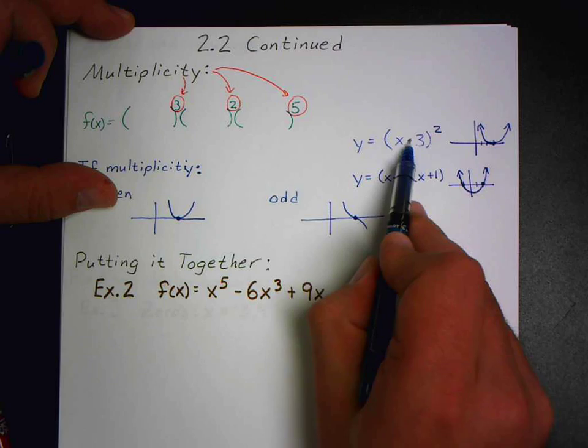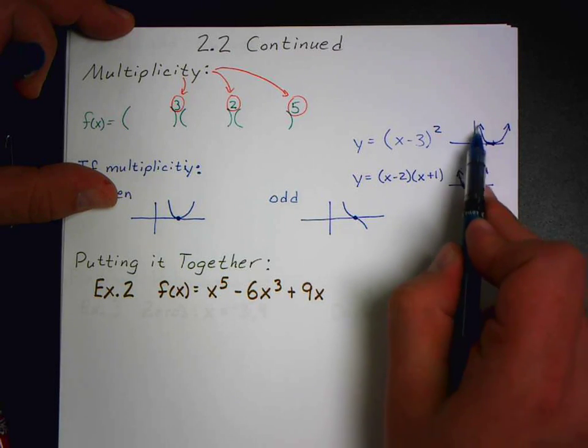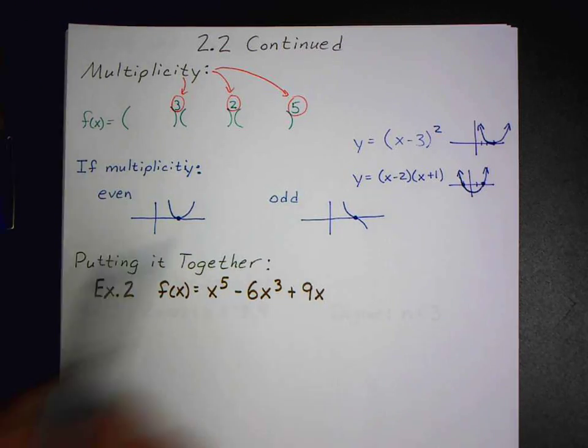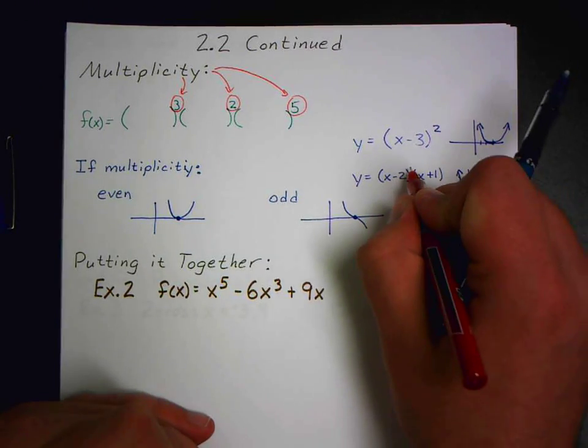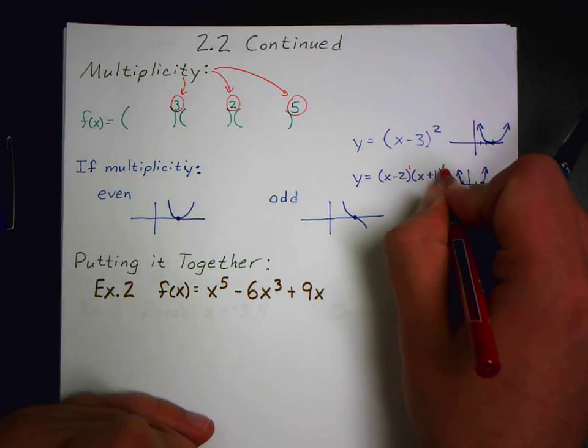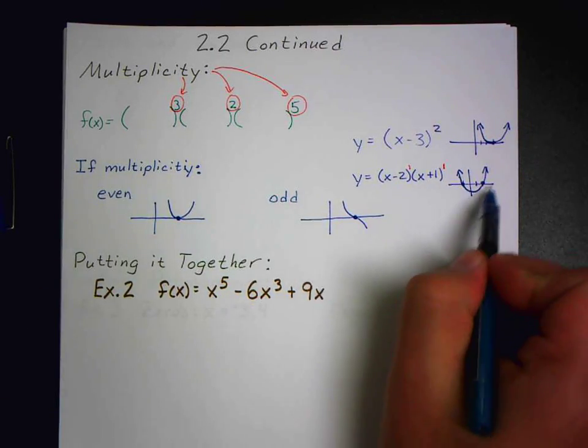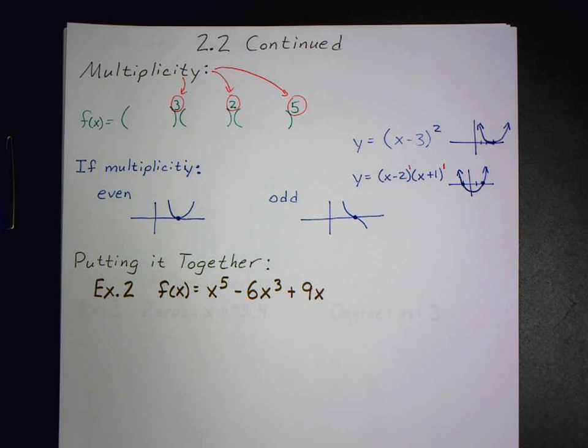Well, this has a multiplicity of 2, so this has an even multiplicity, so it bounces off. These both have a multiplicity of 1. So they had all odd multiplicity, so they went through the axis. So again, this isn't anything new. Whenever you graph a line, your line goes straight through because that 0 has a multiplicity of 1.